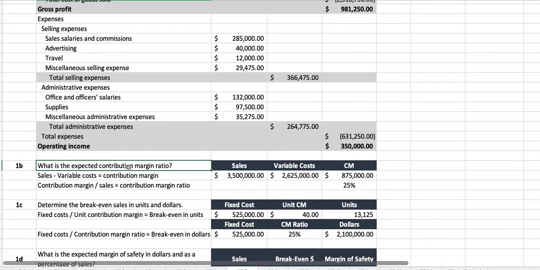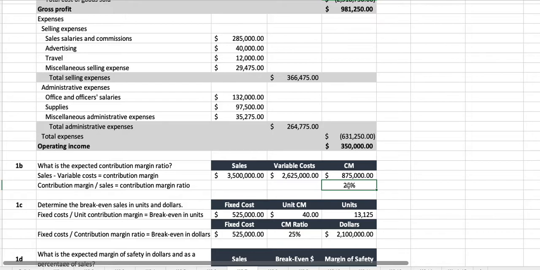So the contribution margin ratio, we sometimes call this the profit volume ratio. It's going to be expressed as a percent, and it tells you the percentage of sales available to cover your fixed cost and also provide operating income.